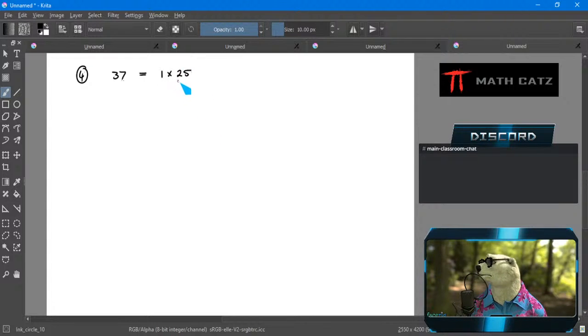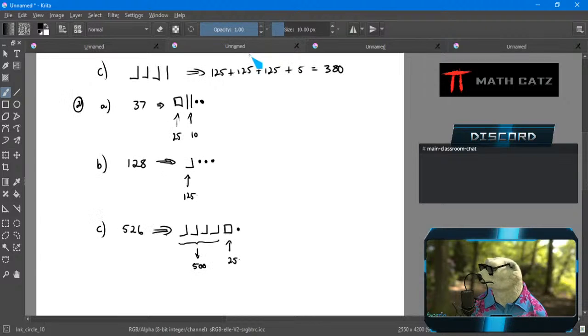One group of 25. And then I have 12 left. So then I can fit 2 groups of 5. That leaves another 2. And then 2 ones. Is that the same as we got here? One group of 25, 2 groups of 5, and 2 ones.